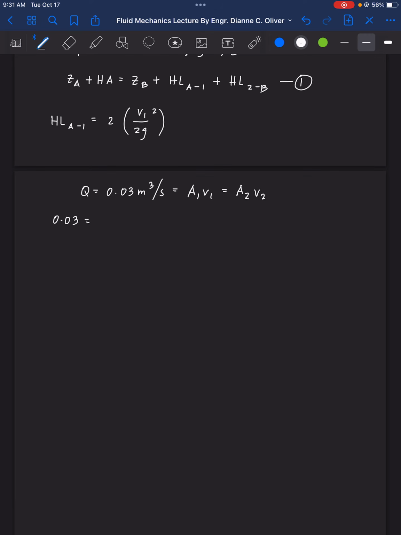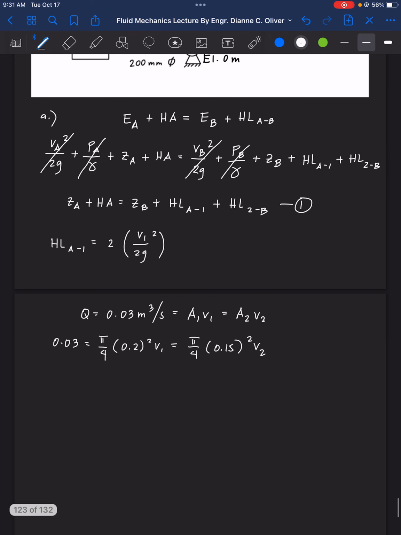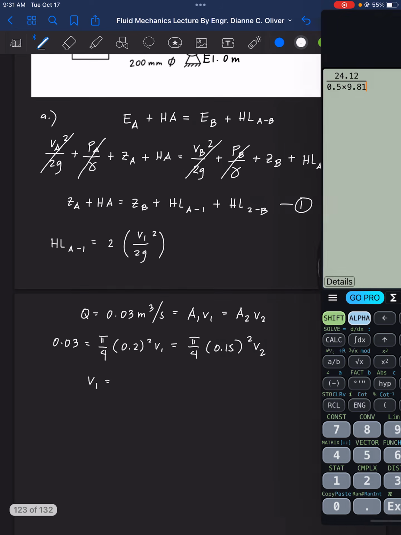So 0.03 equals pi over 4 times the diameter 0.2 squared V1, which is equal to pi over 4 times the diameter 0.15 squared V2. So we can now have the value for V1 and V2.